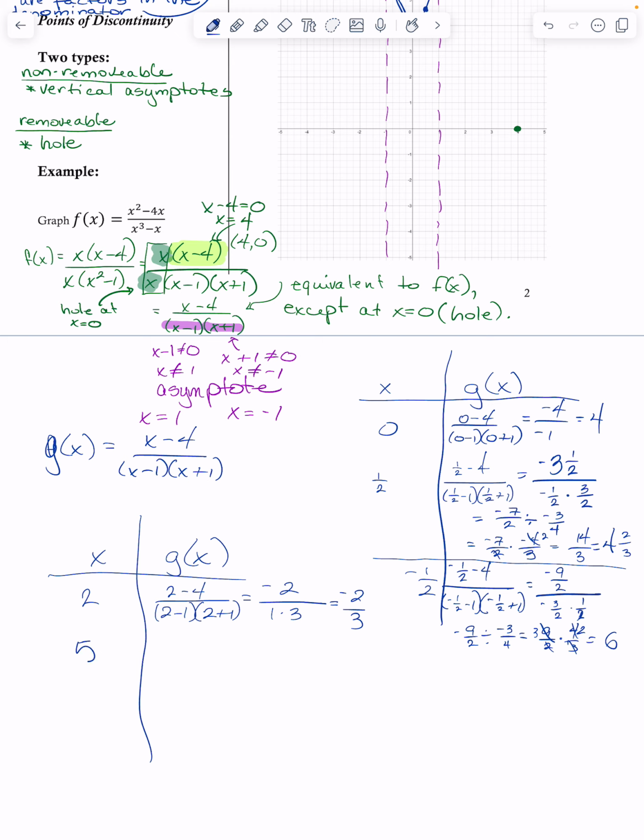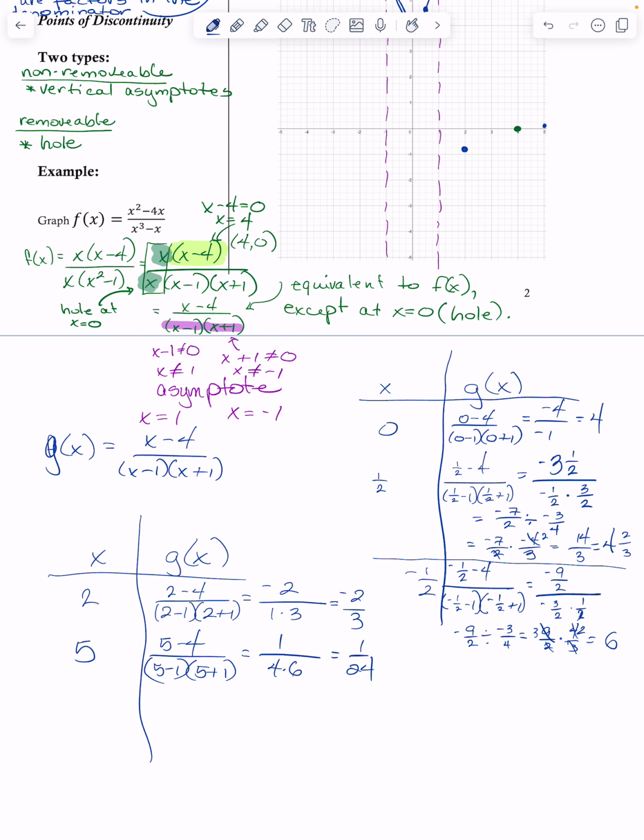And then I said 5? Got 5 minus 4, 5 minus 1, 5 plus 1. 5 minus 4 is 1. I got 4 times 6. We get 1 over 24. So I know at 5, it's really, really close to that x-axis. And at 2, it is negative 2/3.